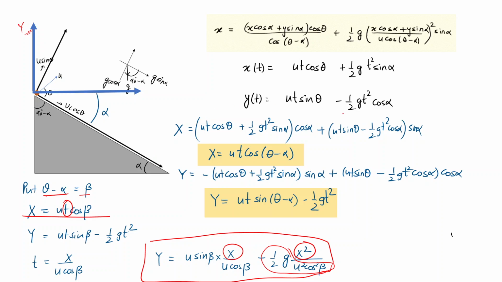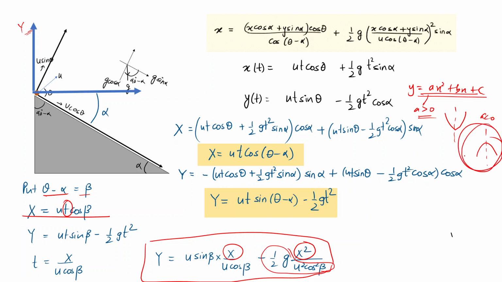And also, if you know about quadratics, y is equal to ax square plus bx plus c, if you plot them, if a is greater than 0, you get this kind of a parabola with an axis parallel to the y-axis, and if a is negative, you get this kind of parabola where the axis is again parallel to the y-axis. So this time we are definitely getting this kind of a parabola.